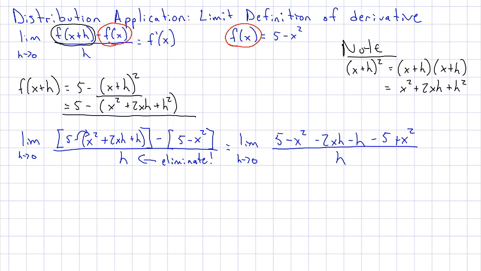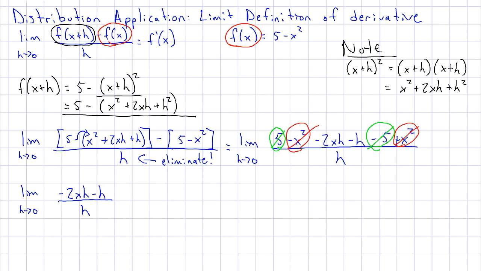So here I have a negative x squared and a positive x squared, so those guys go away. And then I also have a negative 5 and a positive 5, so those go away. So all I'm left with in the numerator is the limit as h approaches 0 of negative 2xh minus h over h.